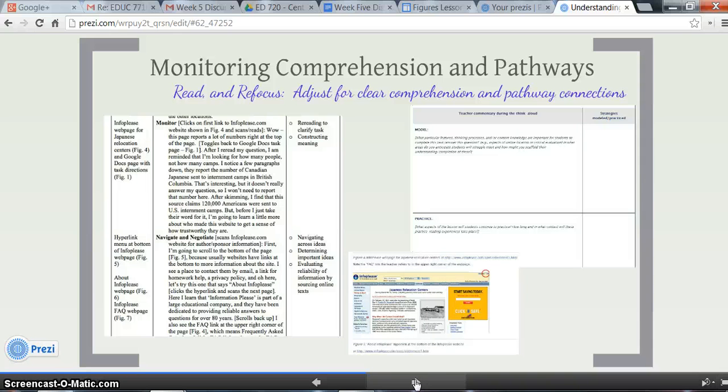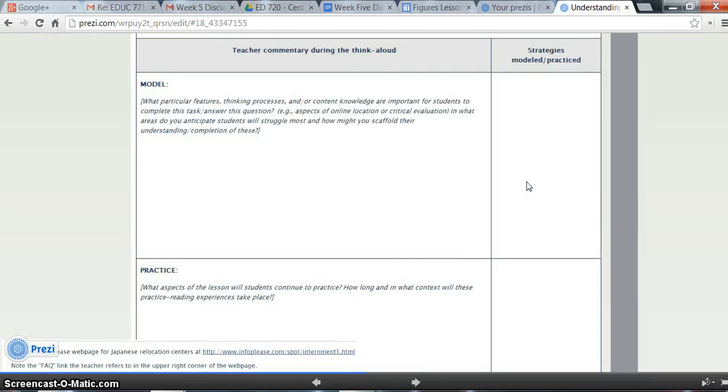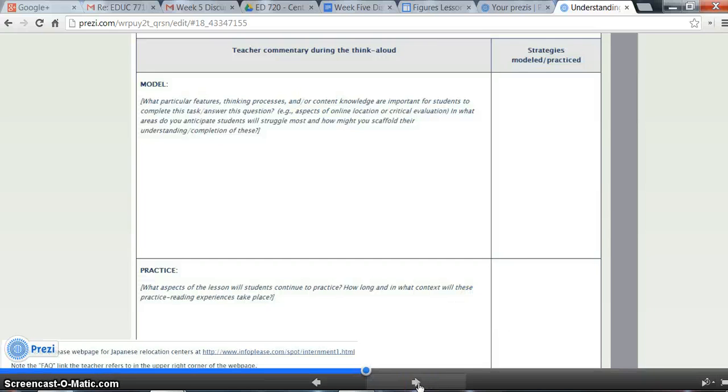So monitoring will come next, and this is a place where what particular processes are we using? What's the question at hand? And modeling this and practicing this for our students is very important.